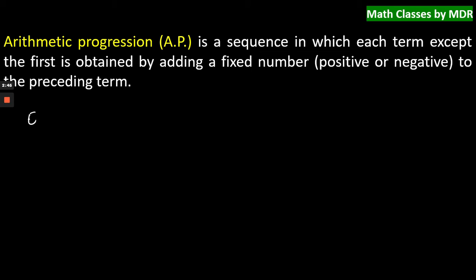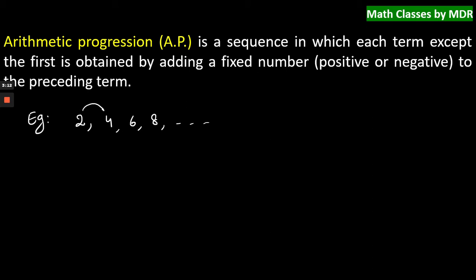You add a fixed number to the previous number to get the succeeding number. For example, if I take 2, 4, 6, 8 and so on, you can go up to some finite terms. This is called an arithmetic progression.